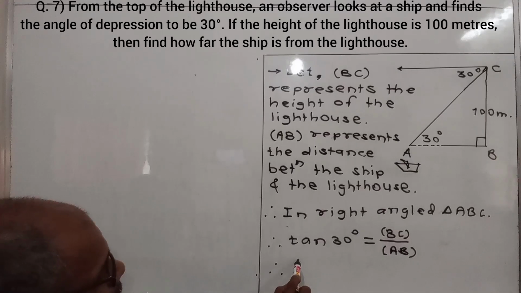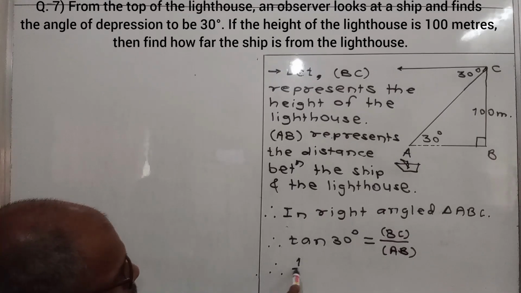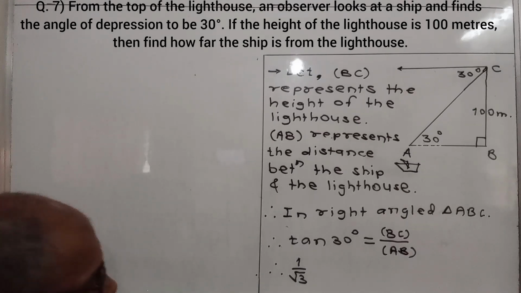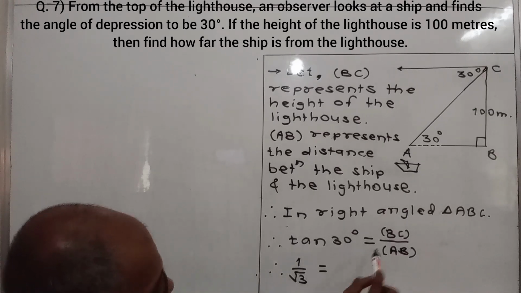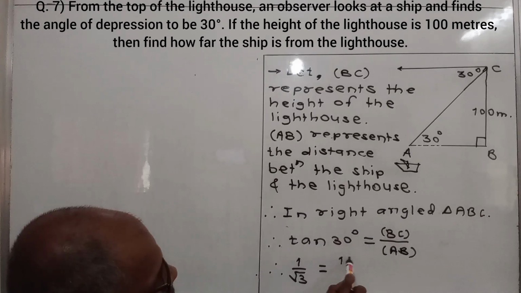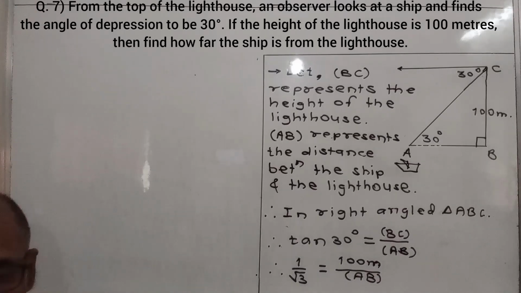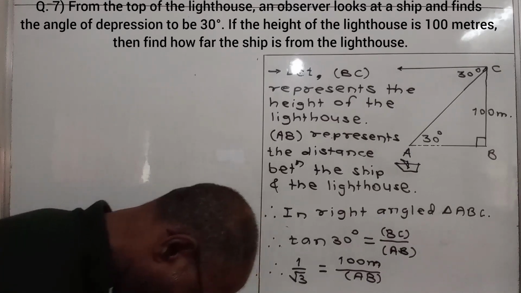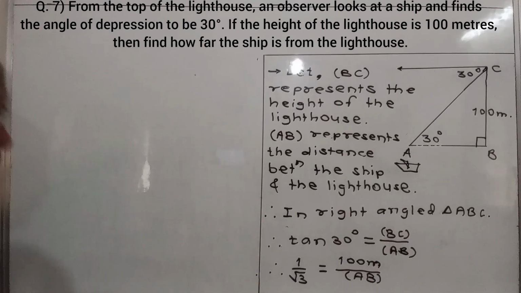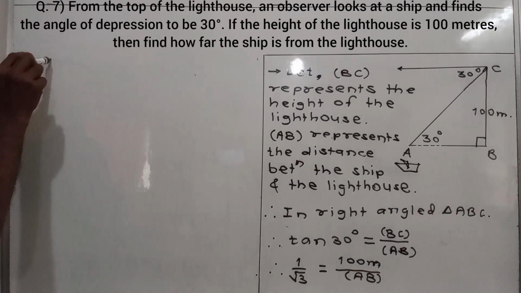Now, therefore, we write here tan 30 from the table, 1 upon root 3, is equal to BC, 100 meter, upon AB, which we don't know. We write it as it is, AB. Therefore, from this we do cross multiplication.